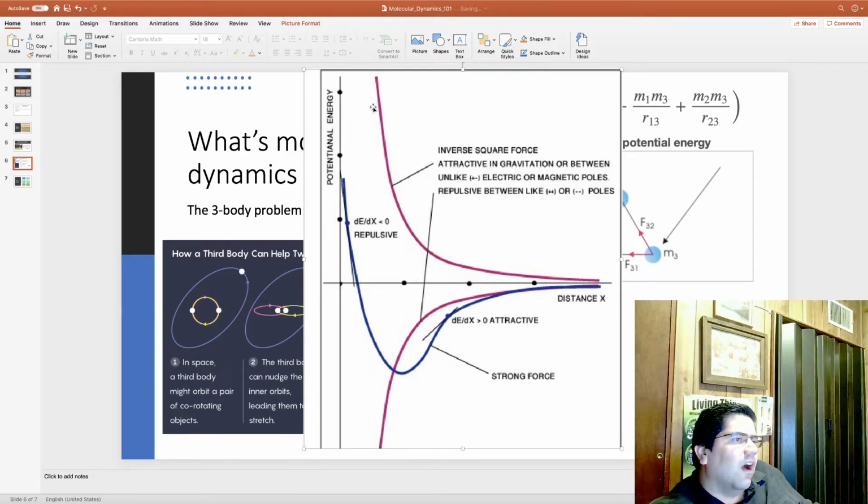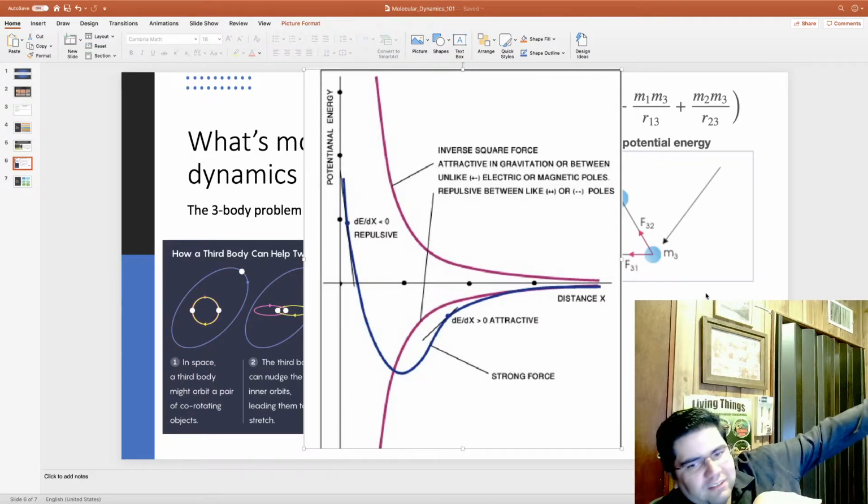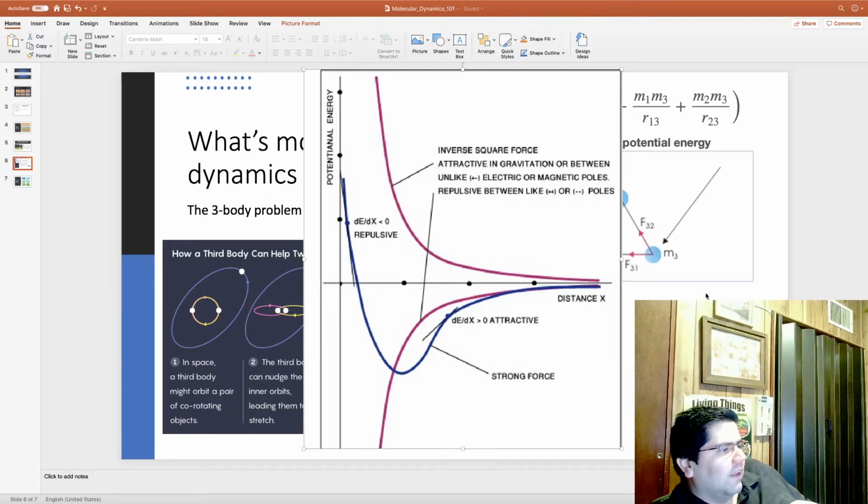This is going down and down and down, and the distance goes far away. But this continues forever, because gravity is a long-range force, so it can act over a long distance. You probably remember that from your high school classes.